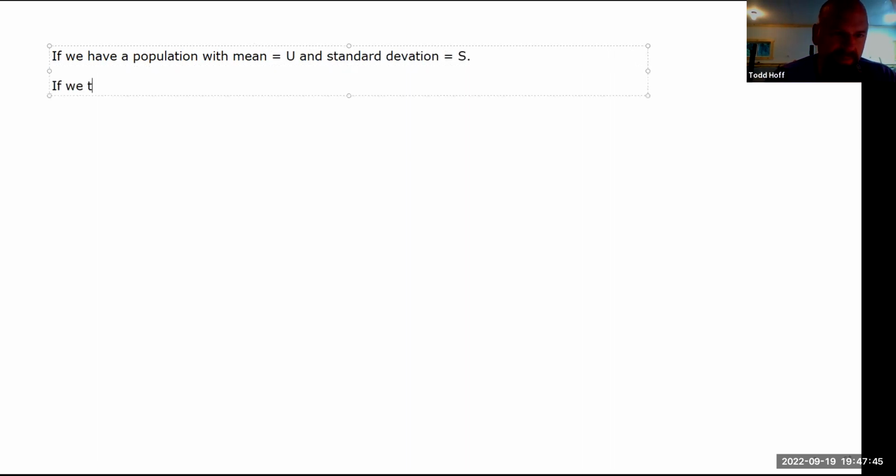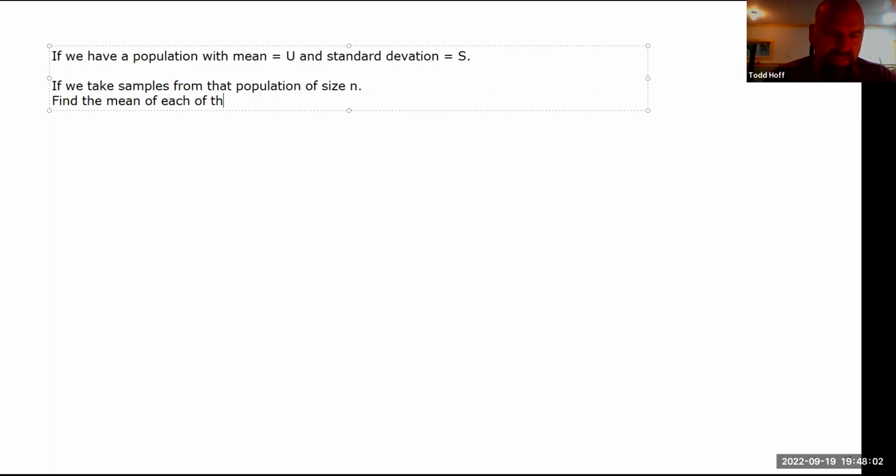If we take samples from that population of size n, if we find the mean of each of those samples, those sample means are now the elements of our sampling distribution.